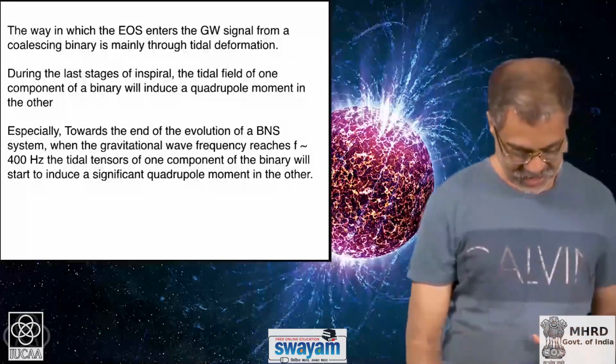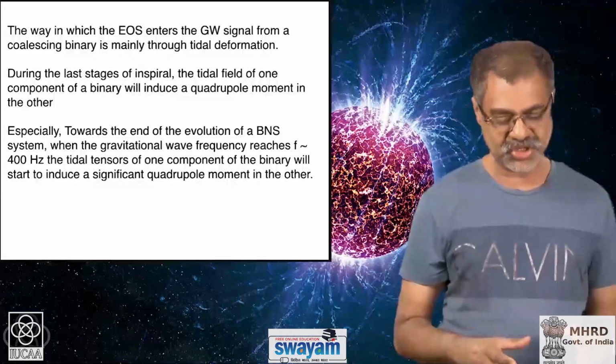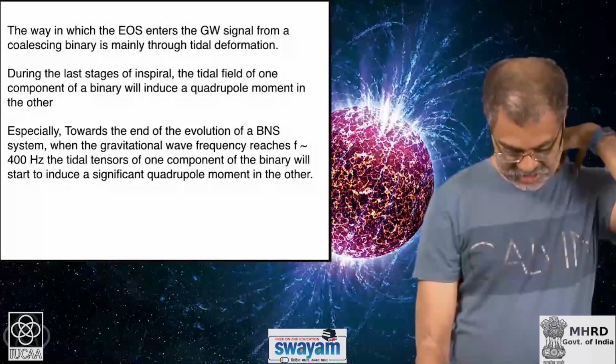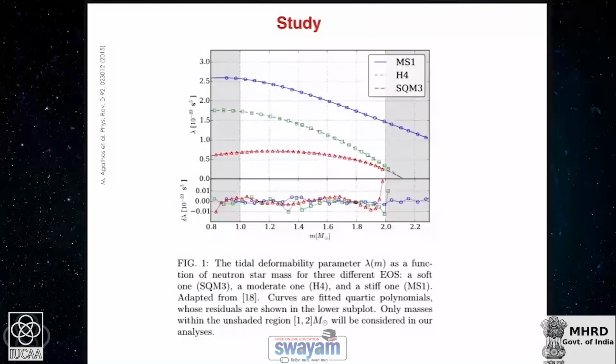So, that is where the stars could distort one another and see how much they can distort. There are many equations of state which allow various different sizes and shapes of neutron stars.